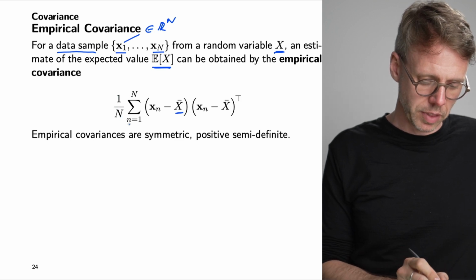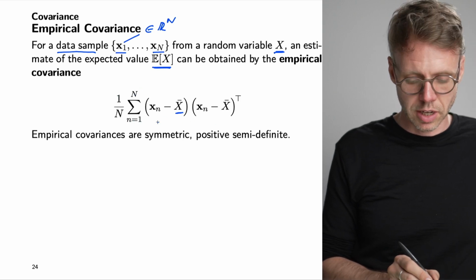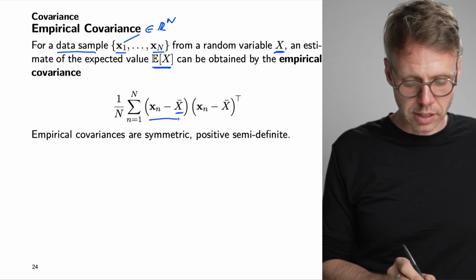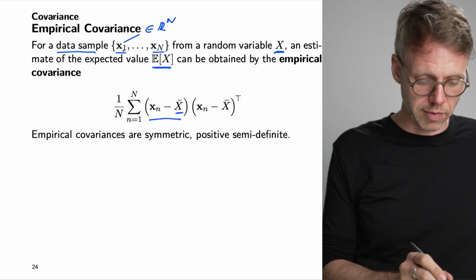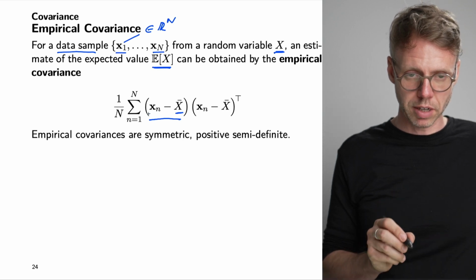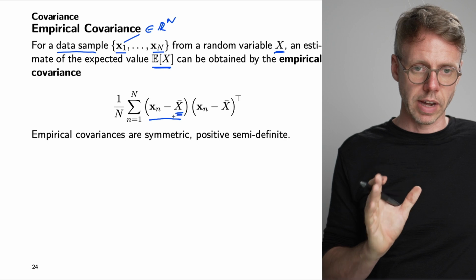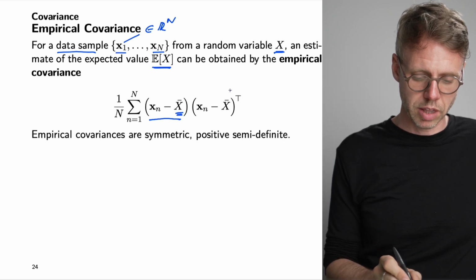n, the sum from n equals 1 through n, so over all of our n data points, of the outer product of the difference between the value of our vector sample and the mean of all these vectors with itself.